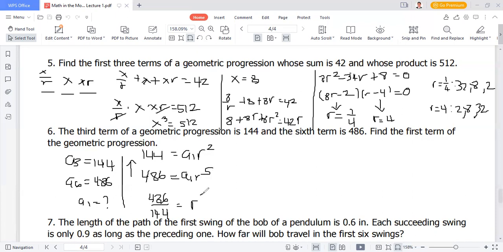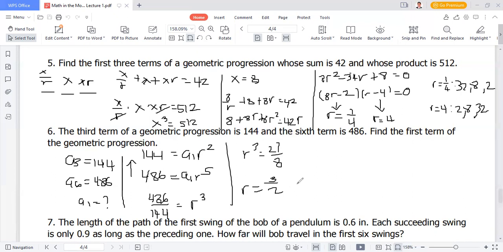So, magiging r cube na lang. Okay? So, r cube, malolowest term natin to, 486 over 144. So, r cube is 27 over 8. Cube root ng both sides. So, r equals 3 over 2.